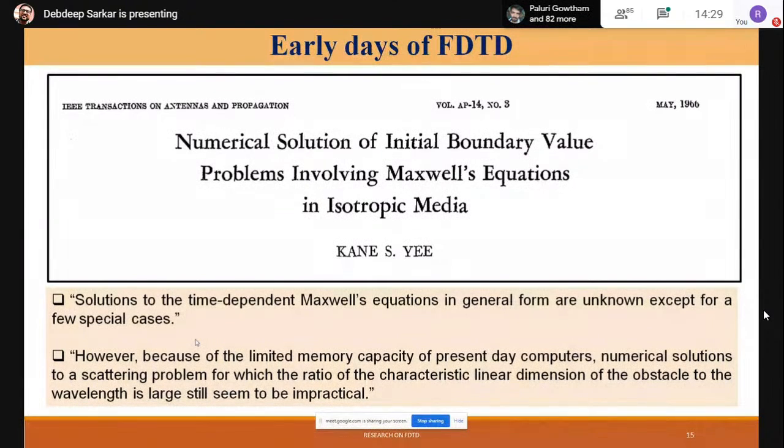Some kinds of problems which at that time people might have thought would not be possible, or would be impractical using FDTD, we can do, or at least attempt, now. But again, that does not mean you can use FDTD for all kinds of problems, because each and every method has its own essence and its own usefulness in terms of the application scenario. But these are just some of the observations.